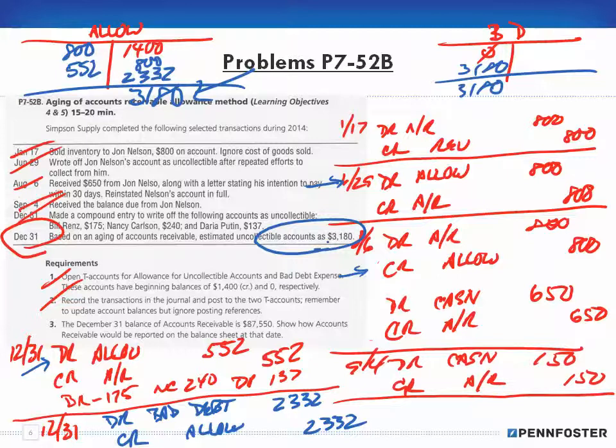Right? So that's the more correct journal entry. And of course, my bad debt over here is going to be 2332. So that's the posting to those accounts.